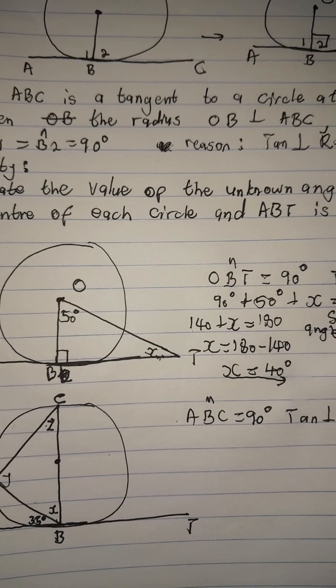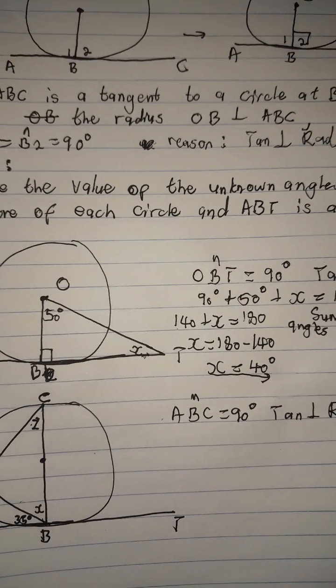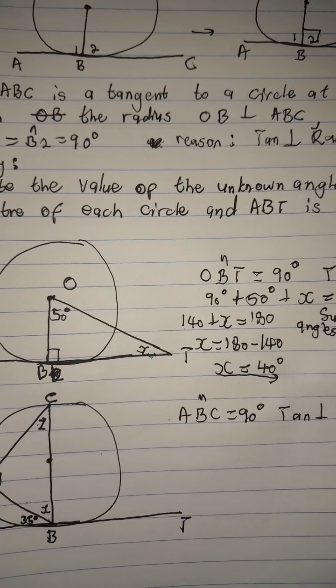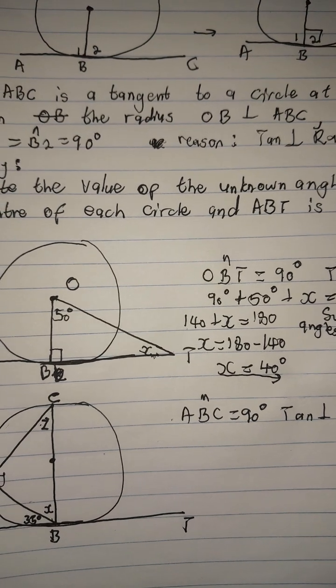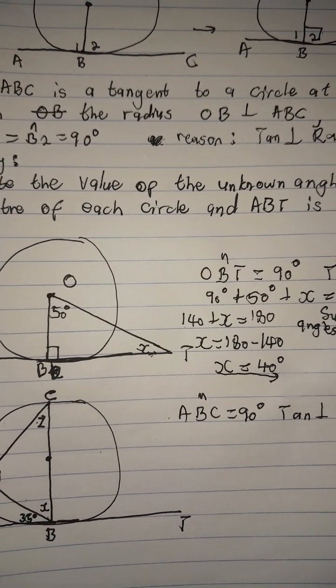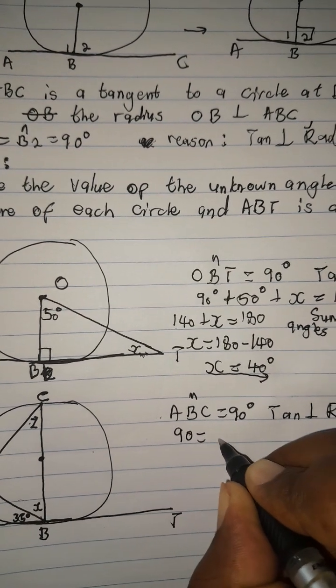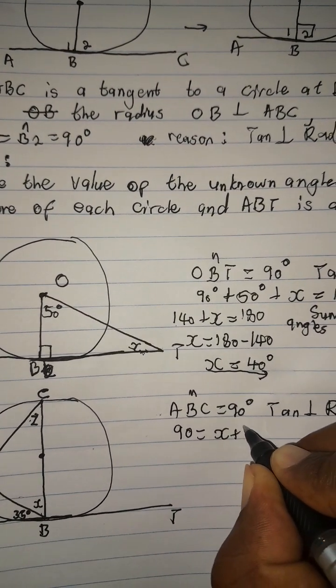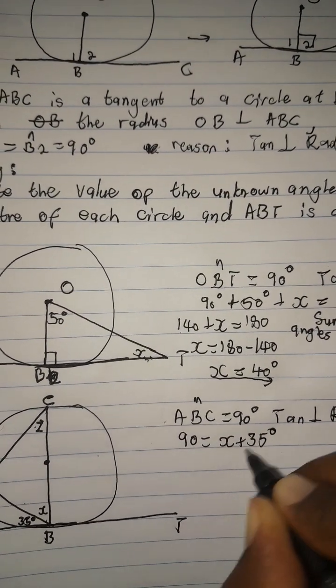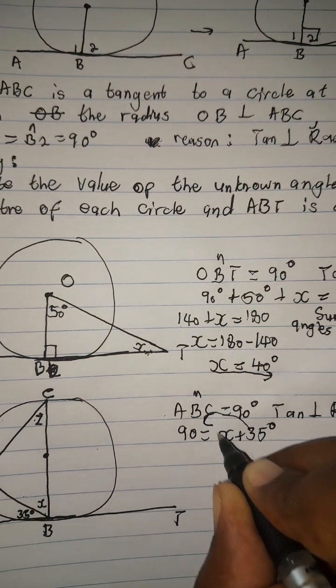So for us to find x, since both of them are equal to 90, we will say 90 is equals to x plus 35. Then let's transpose this to the other side.